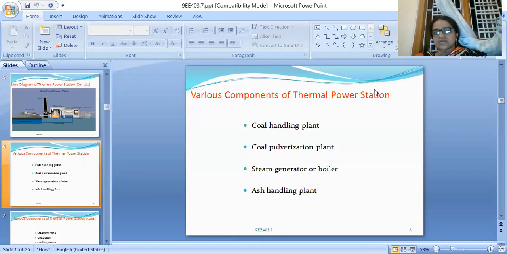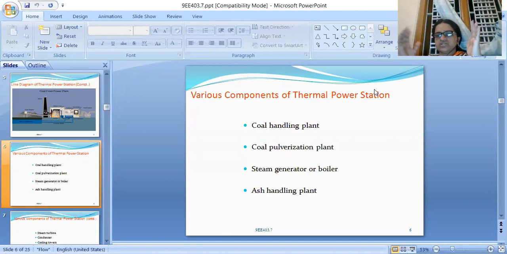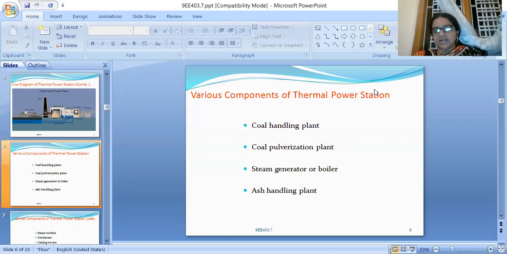Okay, let us start with the various components of thermal power station. A thermal power station is a huge unit. It is not a small one. It is a combination, a group of all the subcomponents. I will read them out.